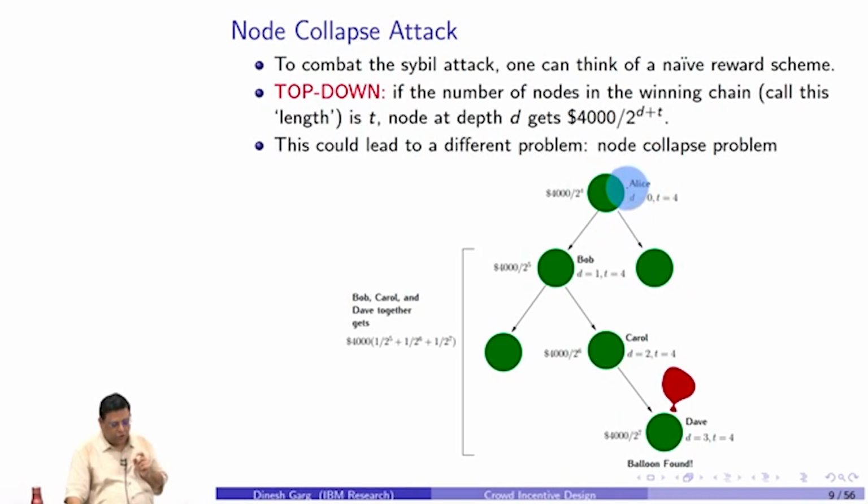So the reward scheme is $4,000 divided by 2 to the power D plus T. T is constant, the total length of the chain, and as you keep going down from the root node, D keeps increasing in increments of 1. So this becomes a top-heavy scheme. Can you see that? If you play around with different values of D and T, you will get precisely what we were looking for, right?